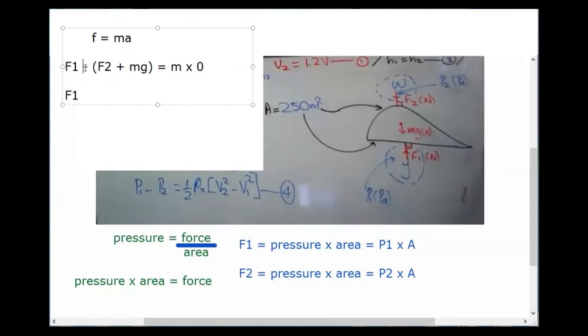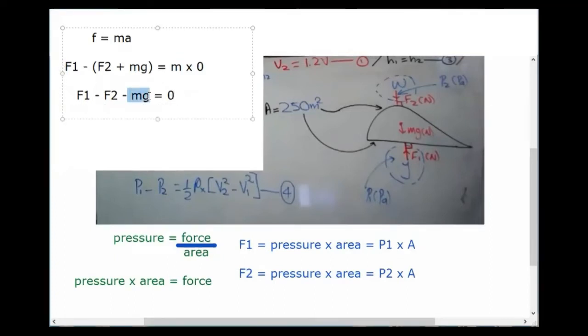So F1, if I remove the brackets, minus into F2 minus F2. See the beauty? Minus into plus is minus. That is minus mg equals, what is 0 into anything there? 0 multiplied by anything is 0.